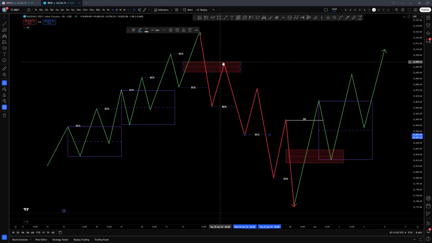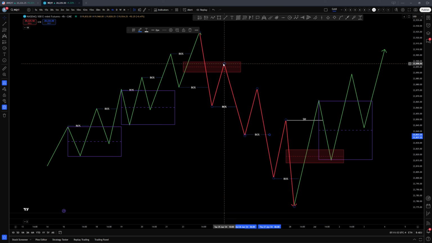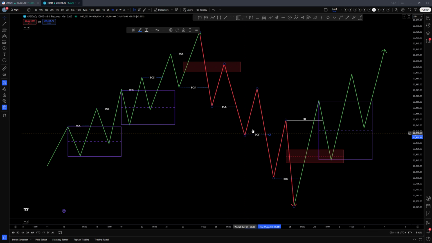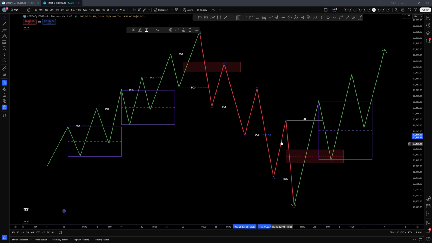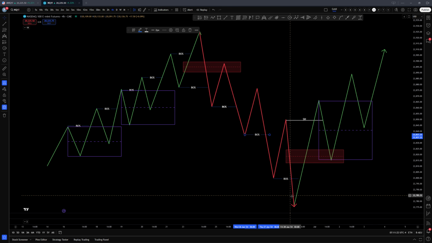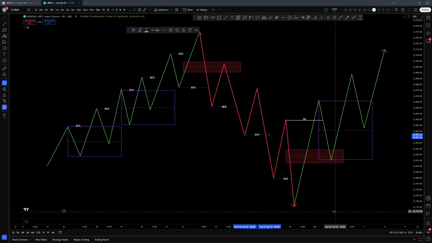So we're going to anticipate that's going to happen, and we're going to take our trade from somewhere on this retest of the area before we drop. Same thing down here. We're going to continue down with our breaks of structure, pullback, expansion that breaks structure, and we expect another pullback, and we expect another expansion downwards.